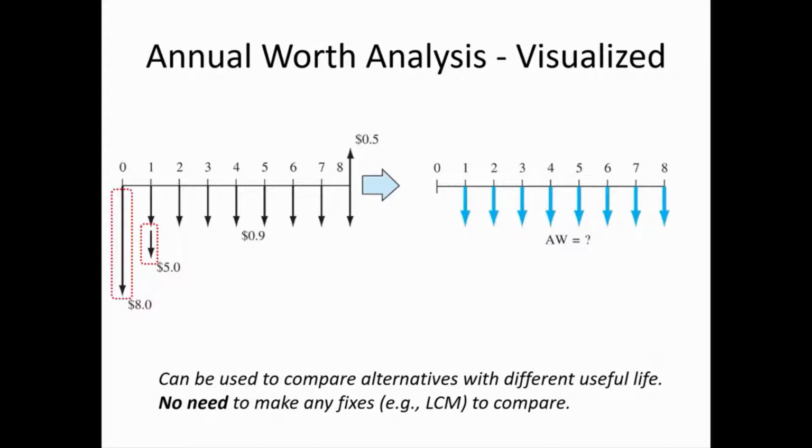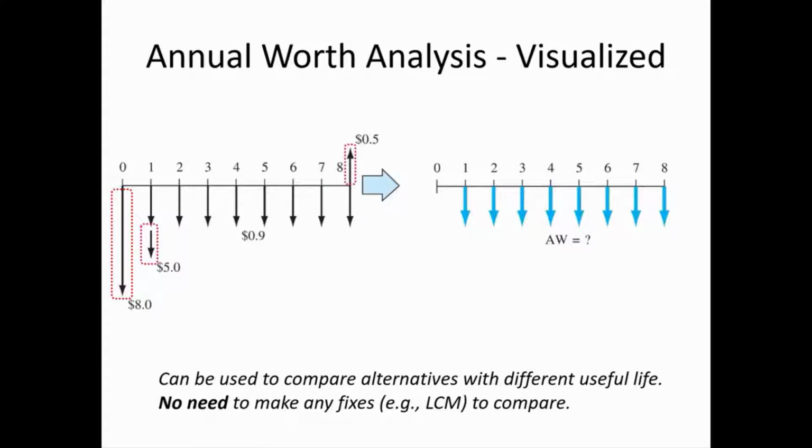If you only did a find A given P, the problem is it would spread it out in years 2 through 8, and then that amount wouldn't also be distributed into year 1. So it can't just be a simple find A given P. First, you would have to take it to year 0, and then you could do an A/P with that.